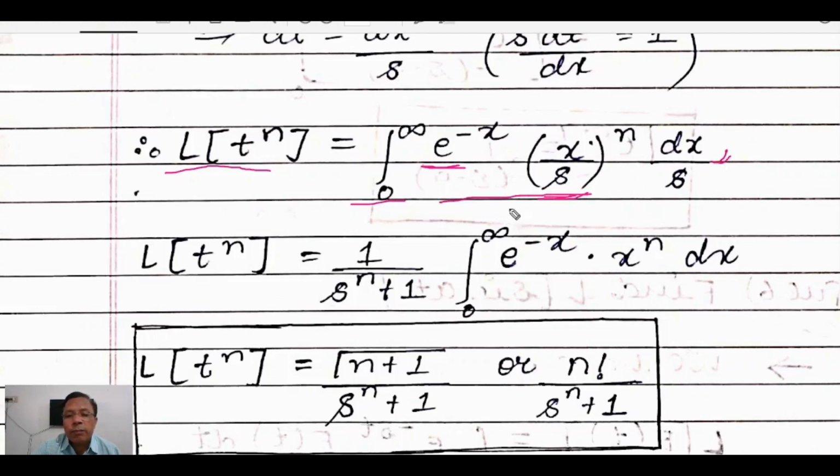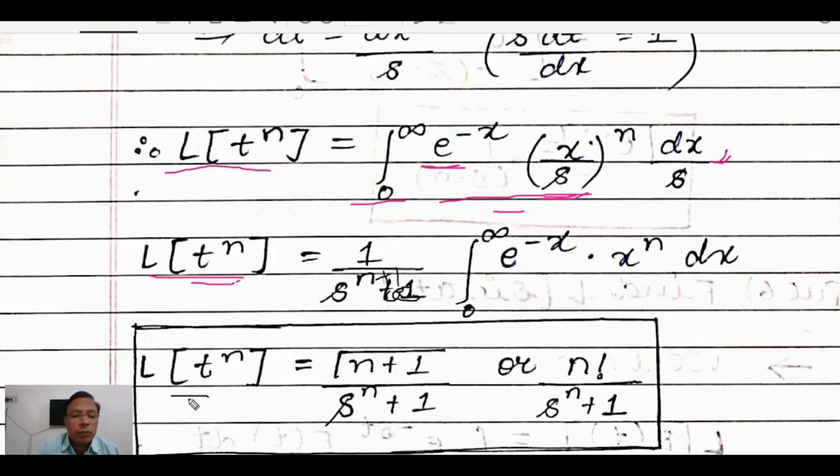On simplifying, we have Laplace of t power n equal to 1 upon s power n plus 1 into integral 0 to infinity e power minus x into x power n into dx.